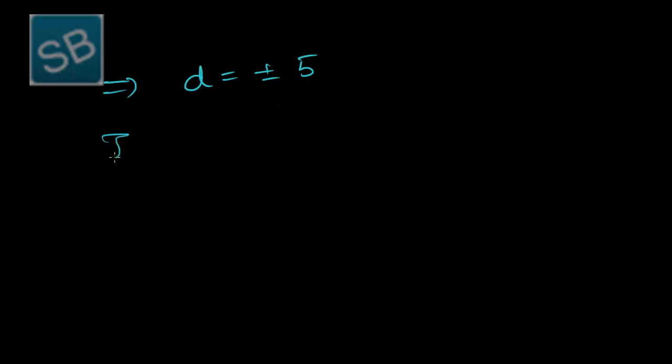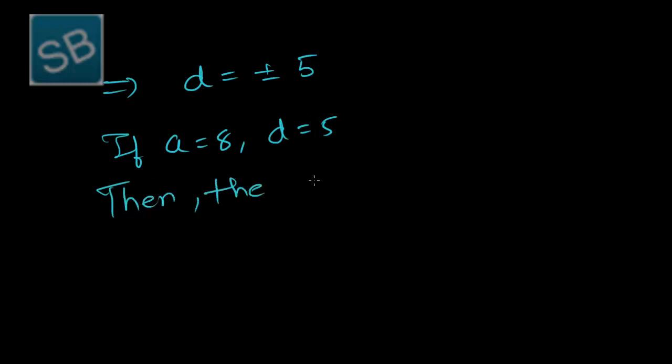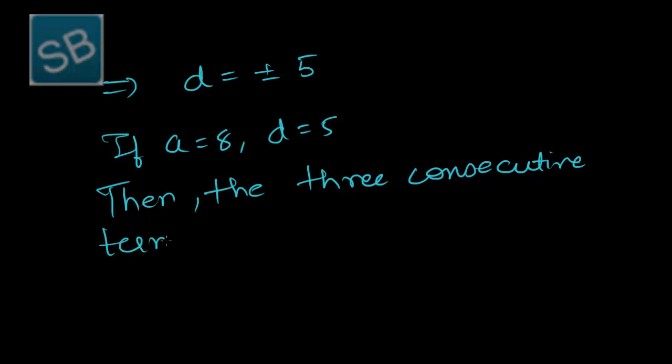Now if A is equal to 8 and D is equal to 5, then the three consecutive terms are A minus D is 3, A is 8, A plus D is 13.